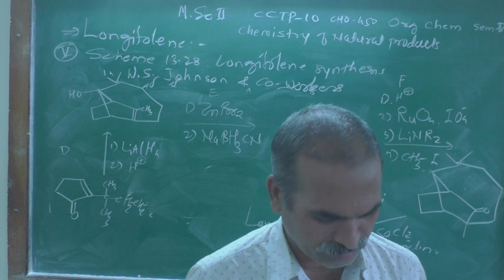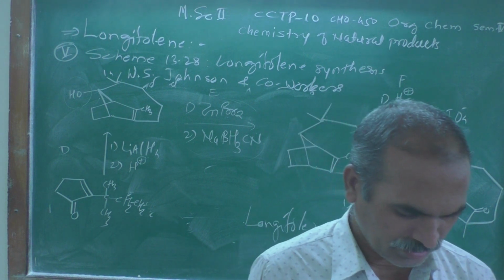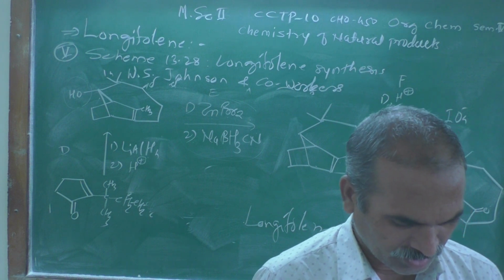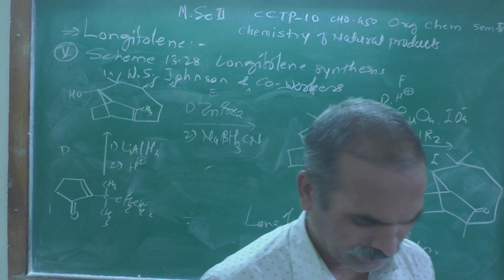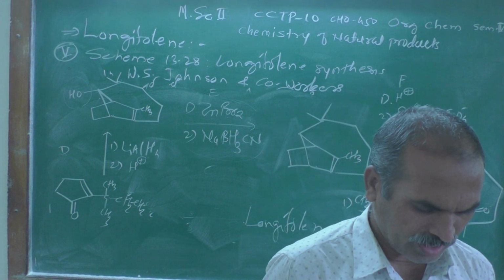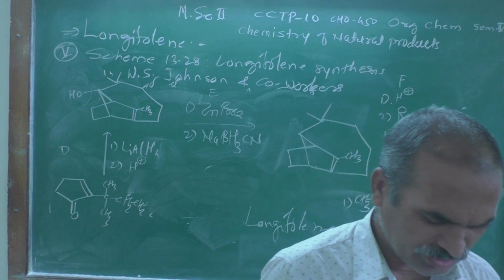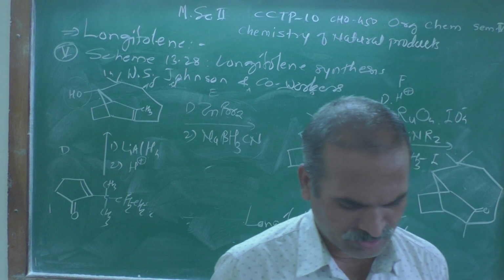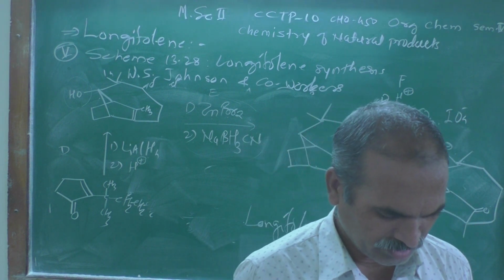The enolate of the ketone was then used to introduce the C12 methyl group in steps F3 and F4.